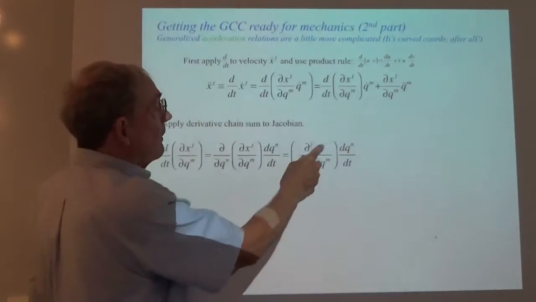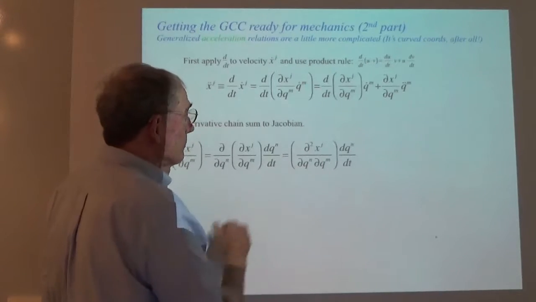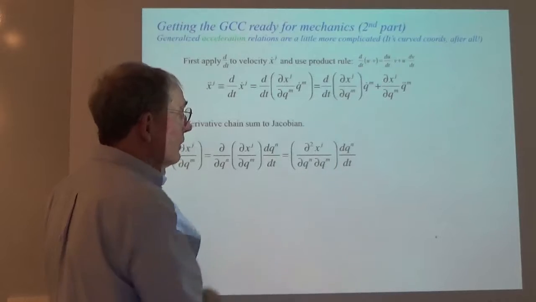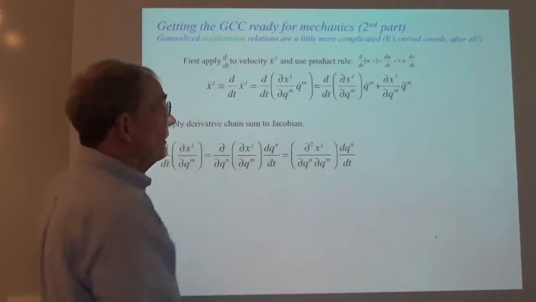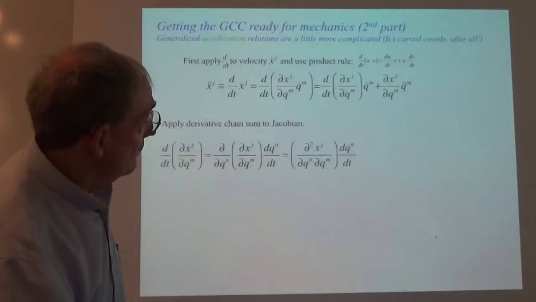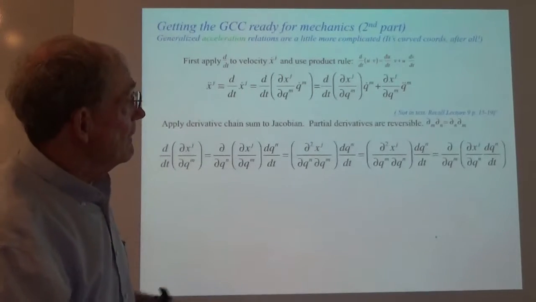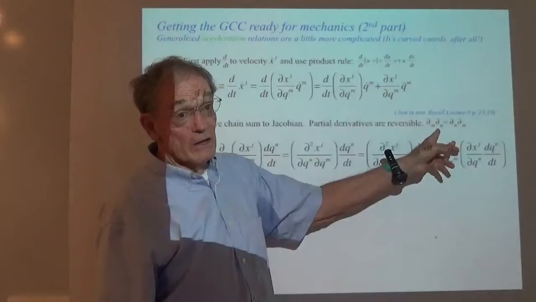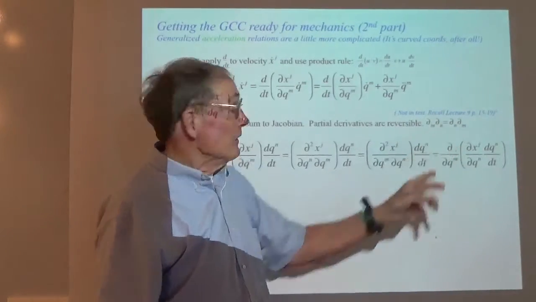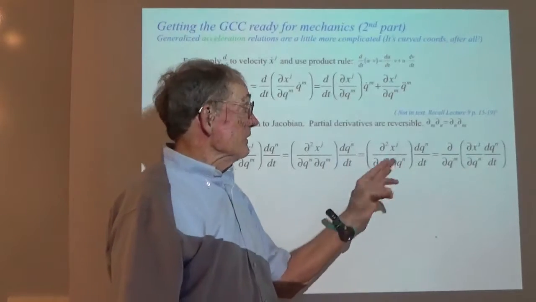So I have a double partial derivative here with respect to qn, but qm has been taken first. And then there's a generalized velocity associated with that. Okay? But remember, these guys commute if this is a continuous differentiable function, right? So I can turn those m's and n's around.